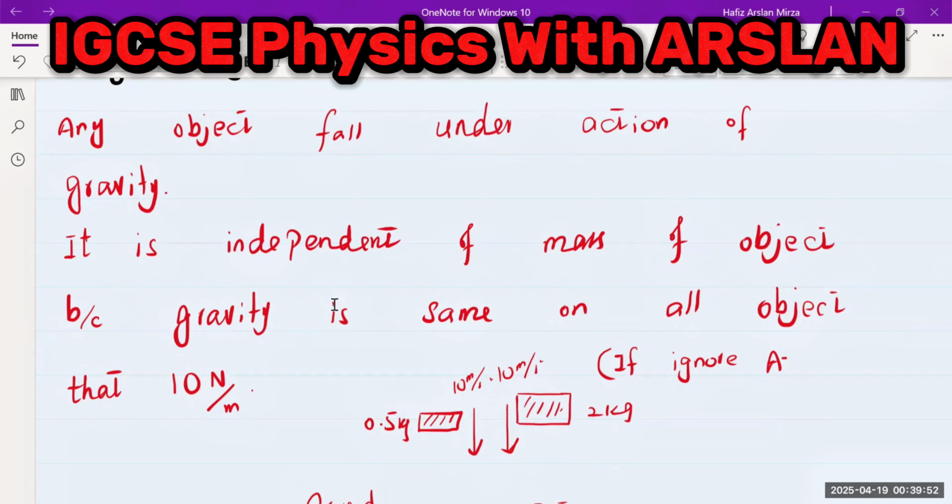According to Newton's second law, force depends upon acceleration. So where there is a force, there will be acceleration, and that acceleration due to gravity is called gravitational acceleration.